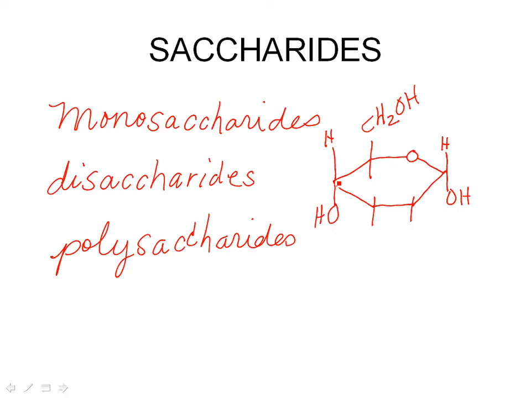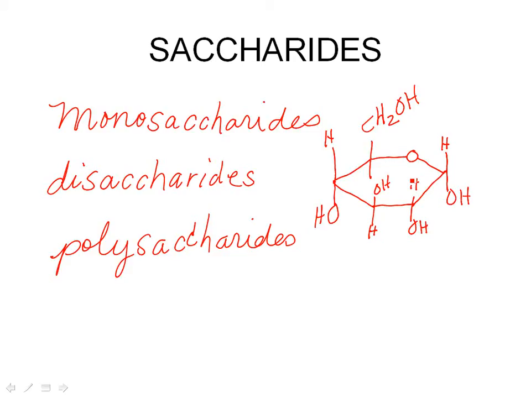Notice that the oxygen is always coming off of this carbon, okay? We're going to have a hydroxyl group here, and then a hydrogen bonded there. And then we'll have a hydroxyl group here, and a hydrogen bonded there.